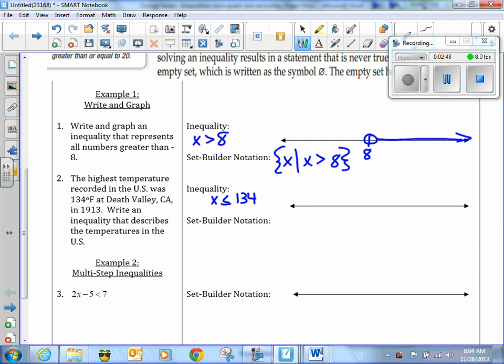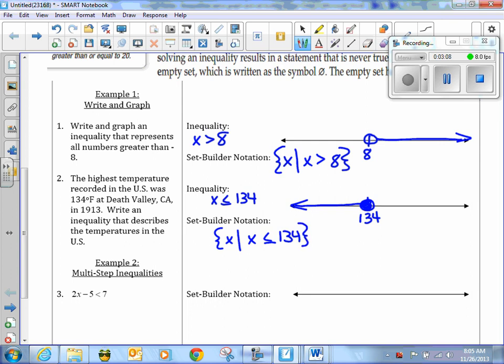So I have 134, a closed circle, and I would go to the left. Set builder notation: x such that x is less than or equal to 134.